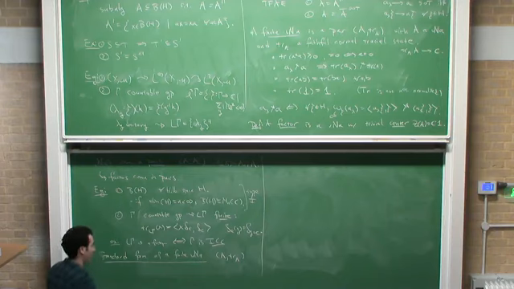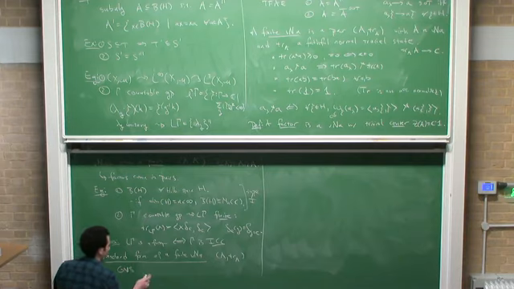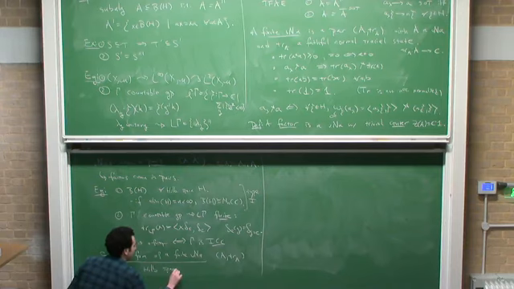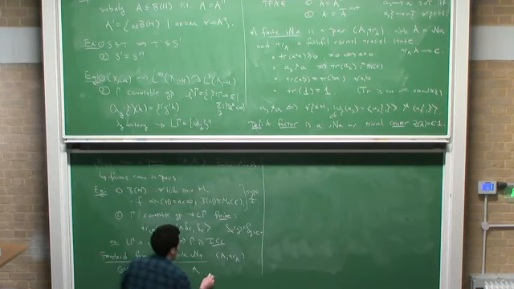And then I'm going to form the GNS Hilbert space. What I do is I take A together with the following inner product.